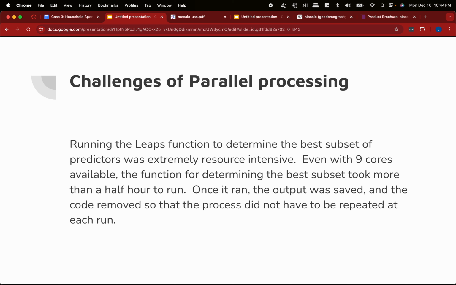Once it runs, you can take that data and determine which run was the best subset, and then that output was saved and the code was removed so that the process did not have to be repeated each run. In other words, I hard-coded the resulting formula of the output for the LEAPS function because I didn't want to have to spend a half hour every time I stepped through the code.